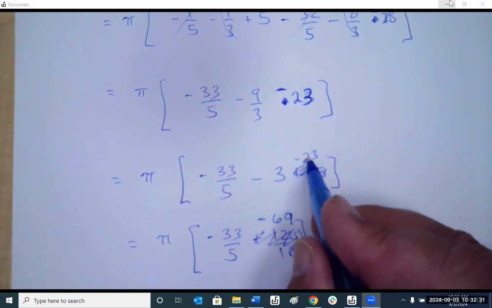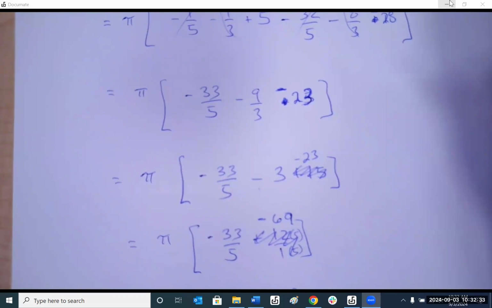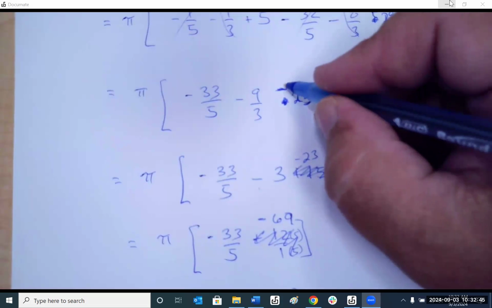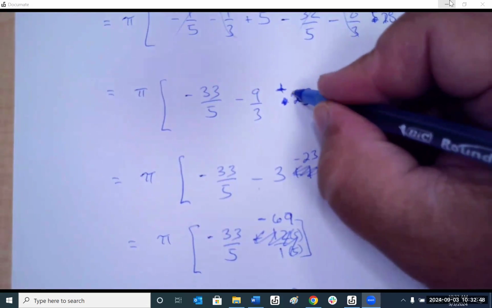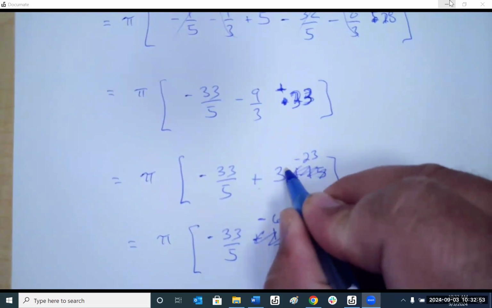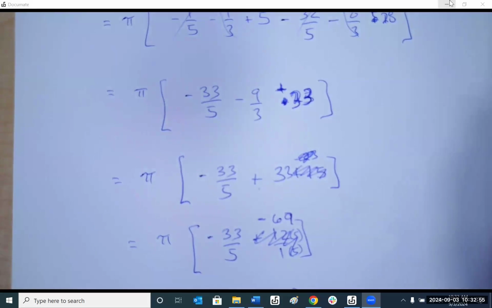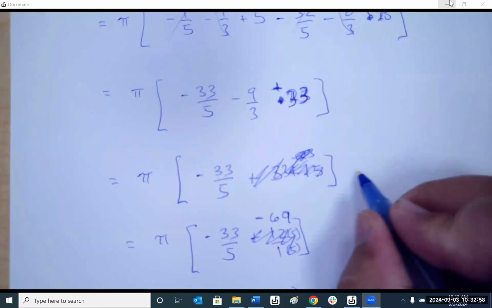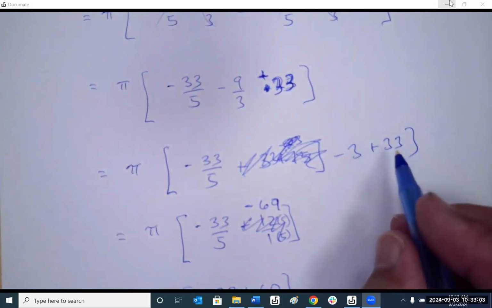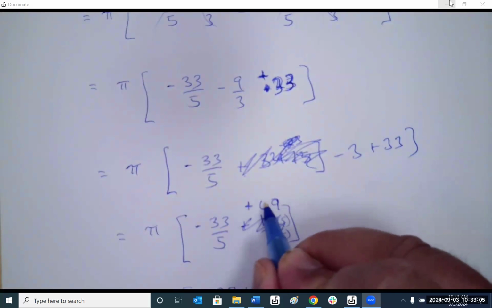That was plus 20. Plus 33. So it's negative 3 plus 33 is a plus 30.